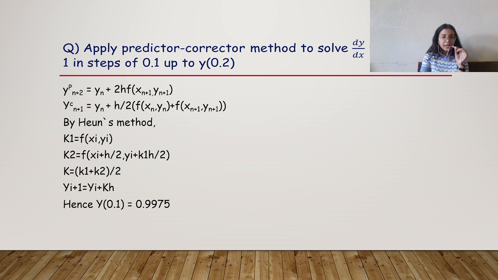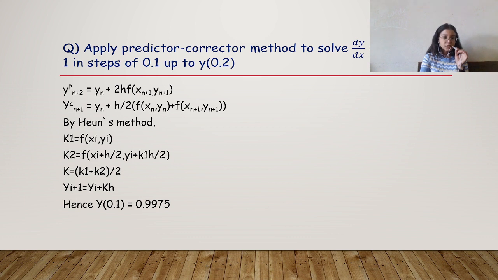Question 7. Apply the predictor-corrector method to solve dy/dx equals minus xy, y of 0 equals 1, in steps of 0.1 up to y of 0.2.